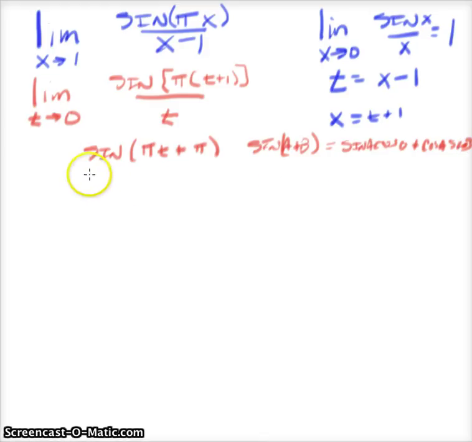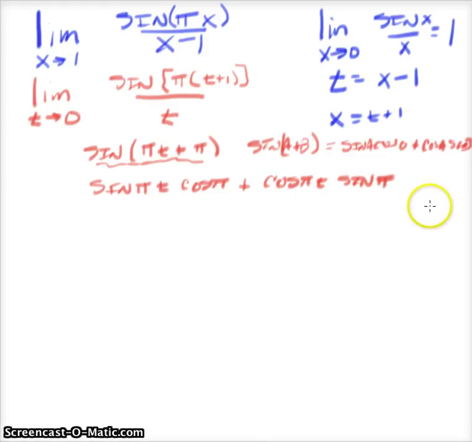So what we're going to do is apply that here. This expression right here is equivalent to the sine of pi t times the cosine of pi plus the cosine of pi t times the sine of pi.